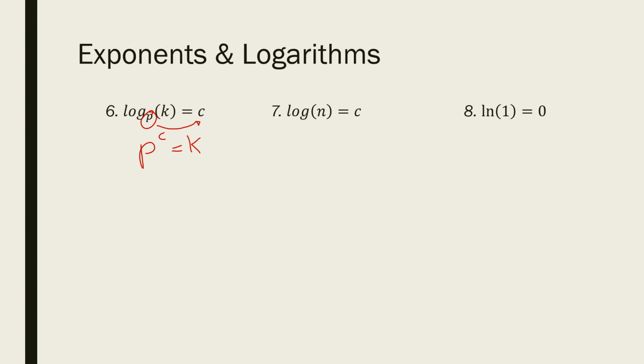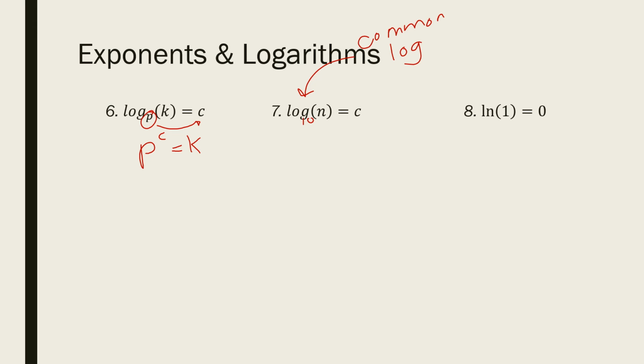All right, number 7, you always start with the base. Well, this one doesn't have a base written. If the base is not written, it's automatically a 10. This is called the common log. Base 10 is the most common logarithm that you can have. It's used a lot of times with scientific notation, when you've seen that in chemistry before, like 6.23 times 10 to the 29th power, stuff like that.